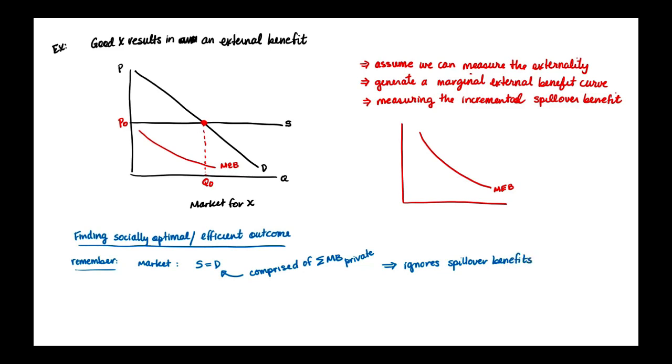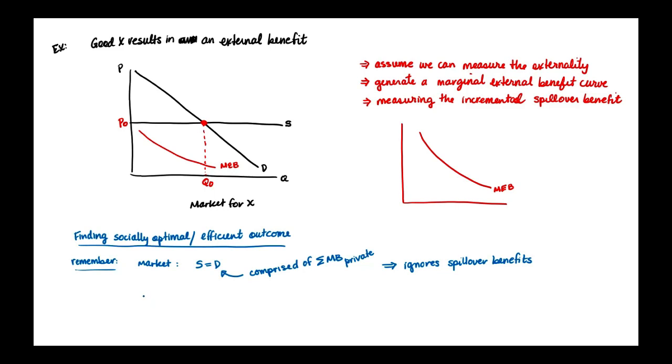Because people make decisions about private marginal benefits, right? Not taking into account spillover benefits to others. So when I plant that tree in my yard, I don't weigh into my equation, well, this is going to help clear the air, and that's good for everyone in the community, so I should pay more and plant more. I don't think that way. So now what do we need to do?